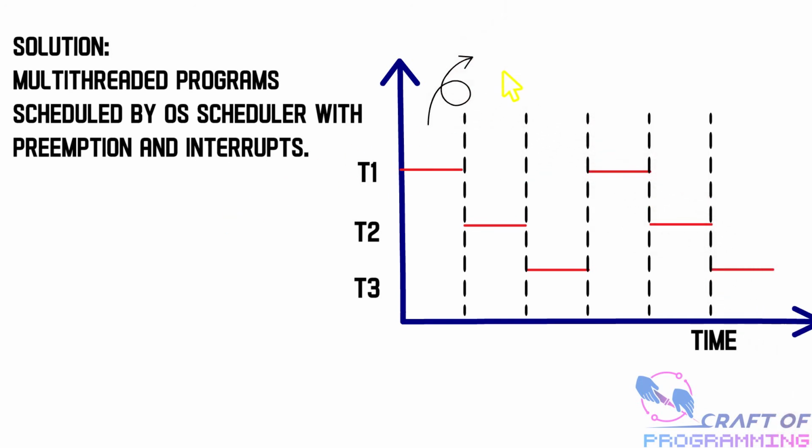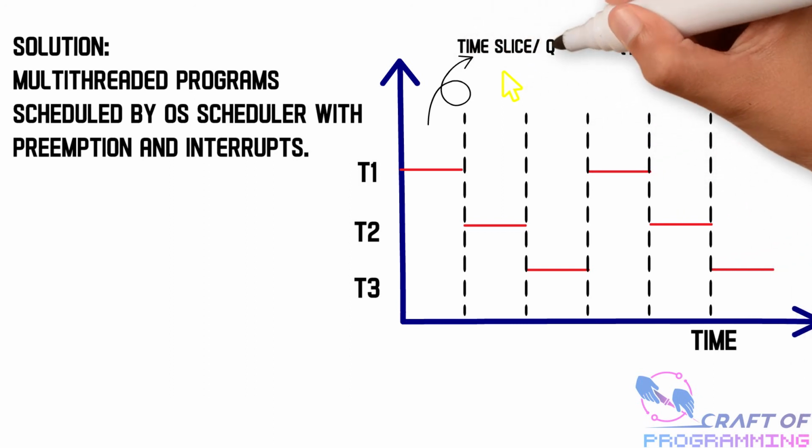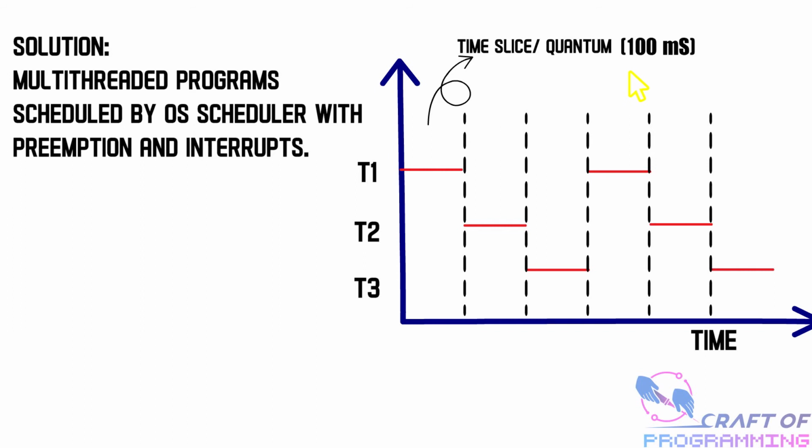It is assigned a time slice or quantum, which in Linux is about 100 milliseconds, at the end of which the thread is preempted, and there is a context switch from thread 1 to thread 2, where thread 2 is then scheduled to execute. At the end of its time slice or quantum, thread 2 is again preempted, and the next thread, say thread 3, is scheduled for execution, and the cycle repeats.